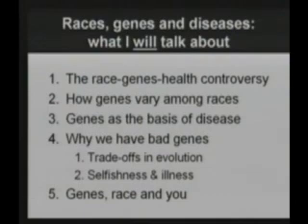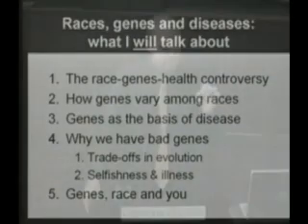And then the third and fourth parts are about the relationship between genes and diseases, and in the fifth part I'm going to try to put all three back together again, and in the context of asking the question, what does our genetic understanding about health mean for you and me and all of us today and in the coming years?